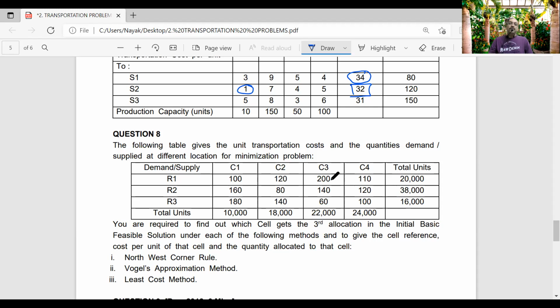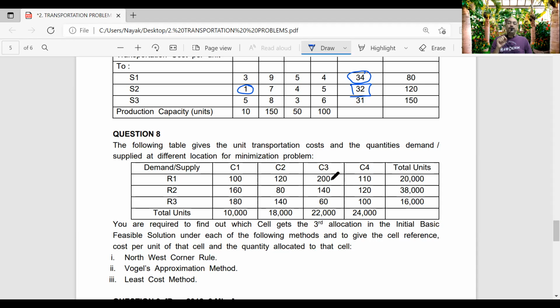So they have given you 3 routes and 4 centers here: R1, R2, R3, C1, C2, C3 and C4. You are asked to find out which cell gets the 3rd allocation in the IBF solution under each of the following methods, and to give the cell a reference.